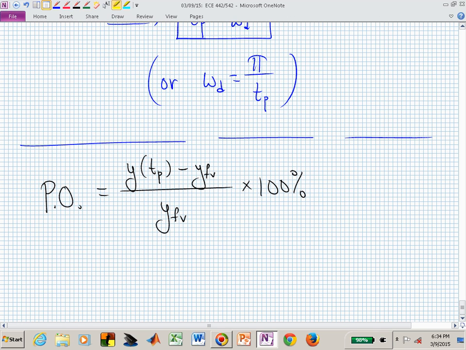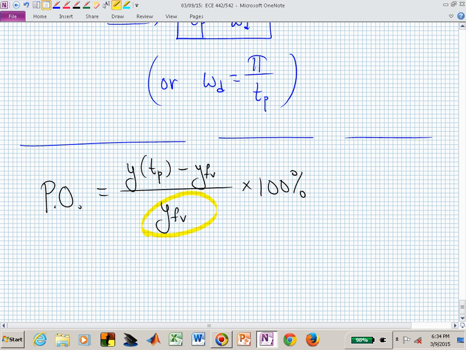A lot of students seem to not put the final value in the denominator. They seem to put y time to peak. Remember this relationship. It's the difference between the peak and the final value divided by where you eventually end up, which is the final value. And that gives you your percent overshoot.